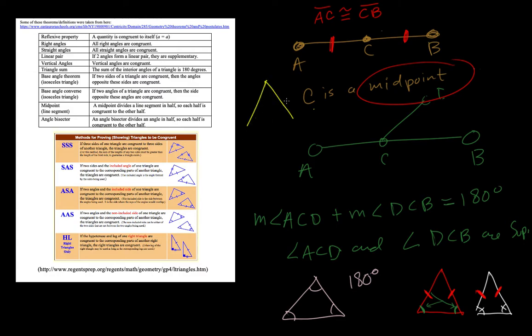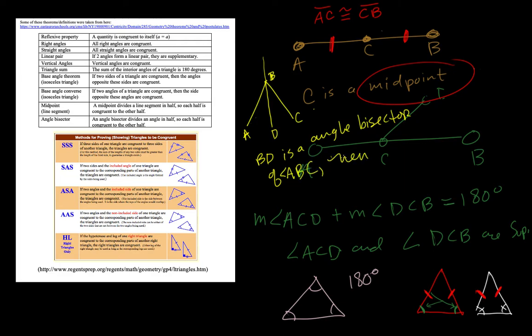And so if we have this, so if we have A, B, C, and then we call this D. If BD is an angle bisector of angle ABC, then angle ABD is congruent to angle CBD.